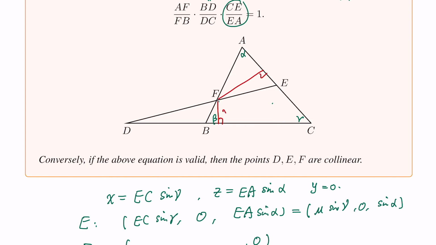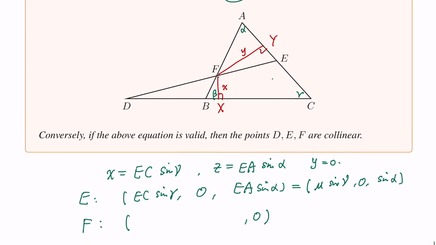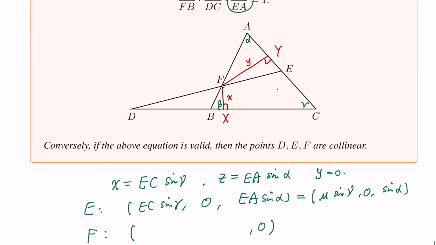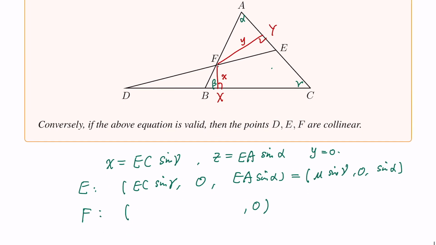Again, the distance to BC is marked as X, and this is Y. So the question is, what is X by Y? Let me write down the final answer directly. Okay, maybe I can't. Let me do the computation.